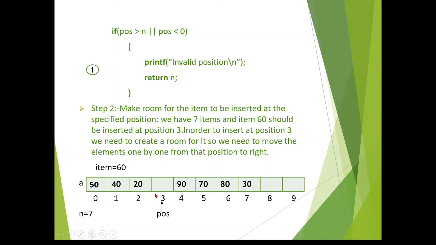The item present at third position should be moved to fourth position, the item at fourth position to fifth position, the item at fifth position to sixth, and the item at sixth position to 7. Then at position 3 we can insert the item.